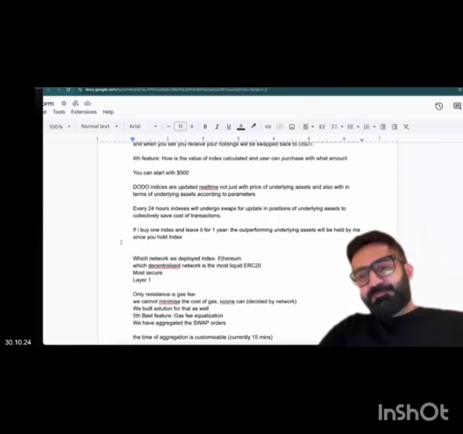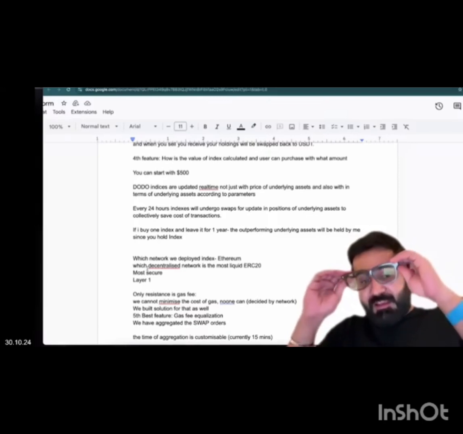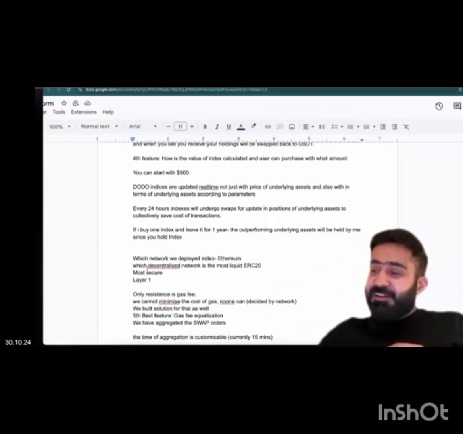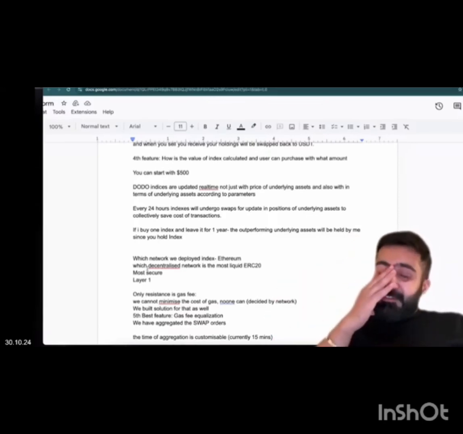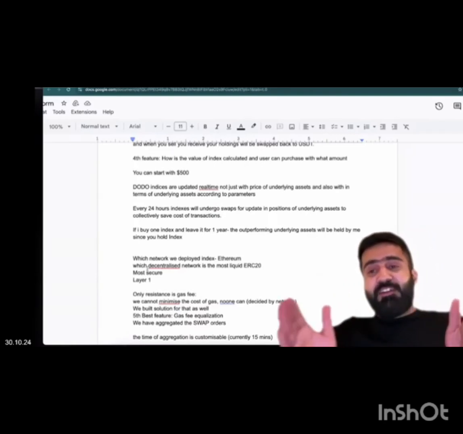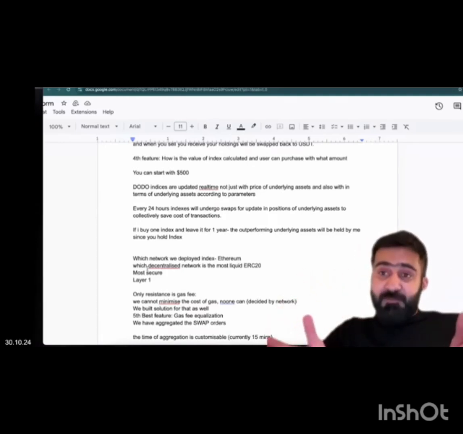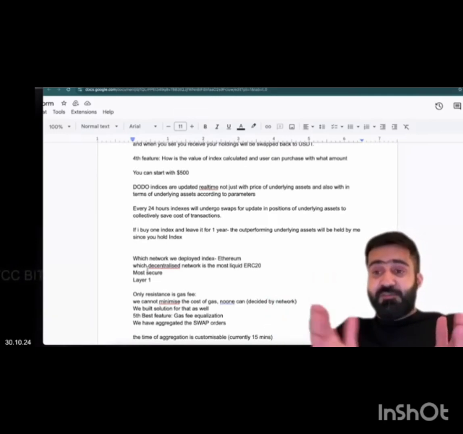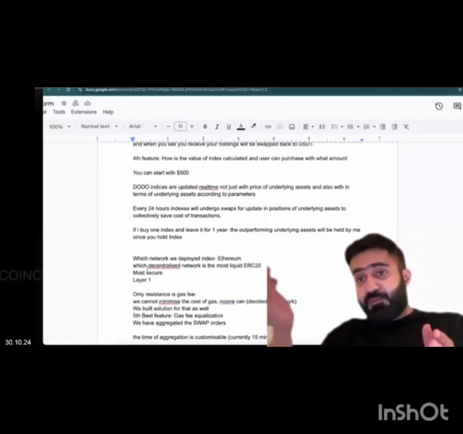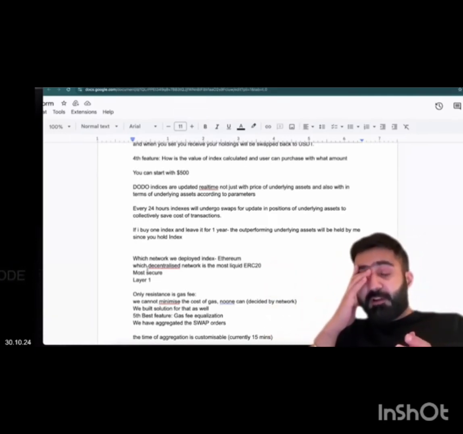What we will do? We will have aggregated swap orders. This is the best feature of Dodo. Within a period of 15 minutes, which we have kept for 15 minutes now, but it is customizable. It can be reduced to 5 minutes, or it can be more, 30 minutes as well.